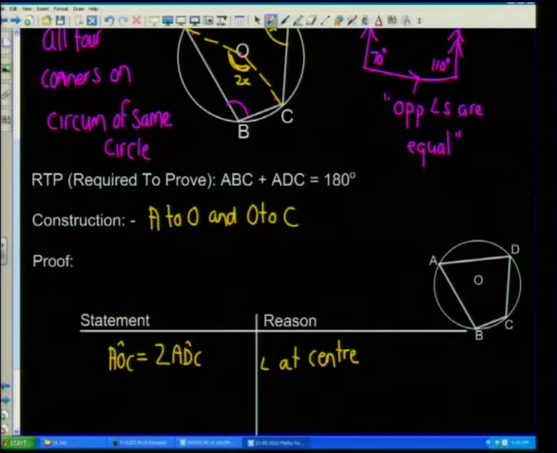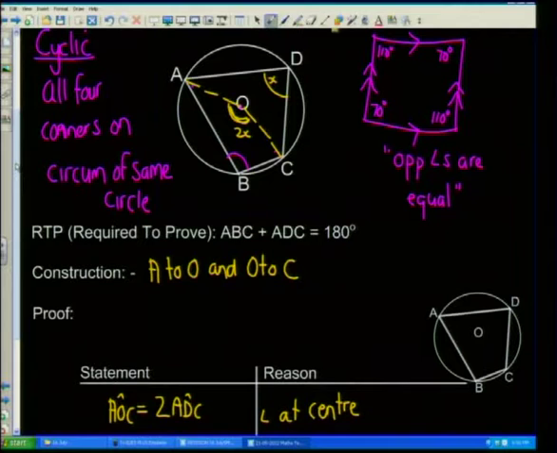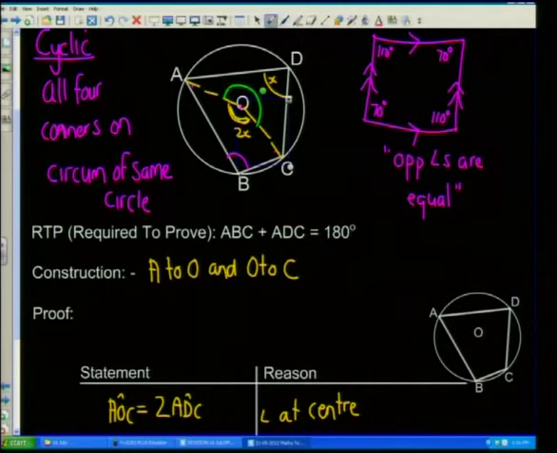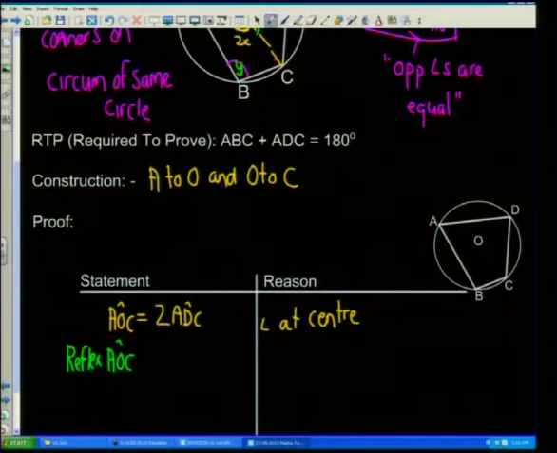And I'm going to chivvy along with this quickly. Then that reflex angle I was talking about, this angle here is 2y. This angle here is y. So the reflex AOC is going to be twice ABC.